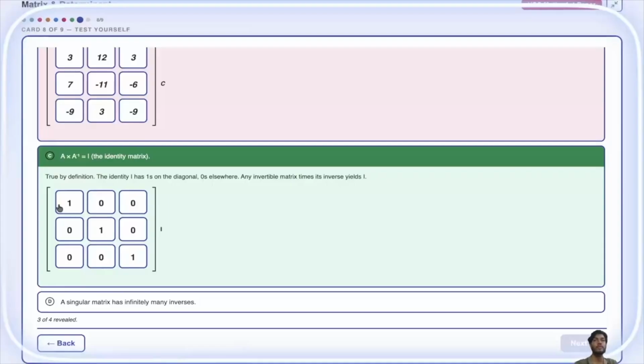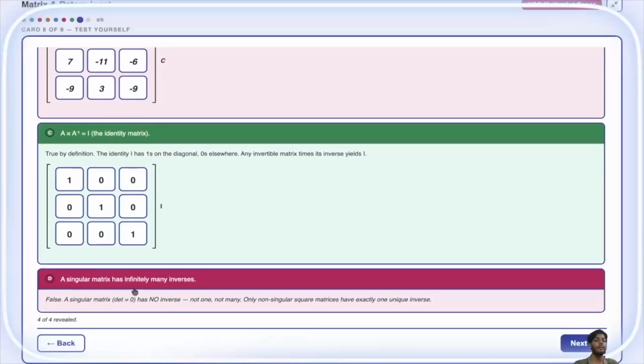And an identity matrix is a matrix where the values in the main diagonal, this is a diagonal, but the main diagonal is this, will be 1 and the rest of the elements will be 0. Then we can call this an identity matrix. Then, singular matrix has infinitely many inverses. No, singular matrix means it has no inverse. And you should remember that only a non-singular square matrix has exactly one unique inverse.